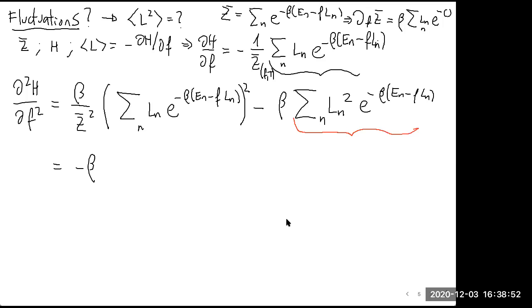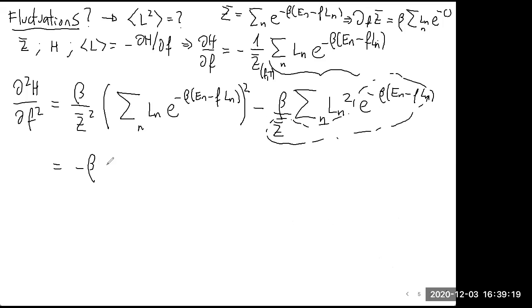Actually, I forgot one thing. So let me undo. This is a nice thing about being here instead of at the blackboard. I forgot that I had a 1 over z as a prefactor, so there should be a 1 over z here. So now if I group this with this, it is P of n. So altogether this is the average of L squared.